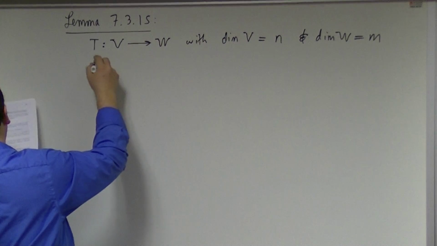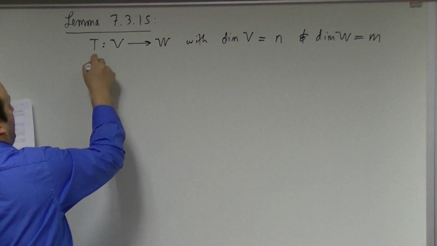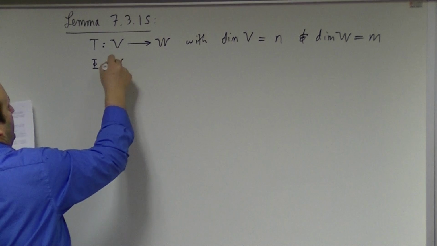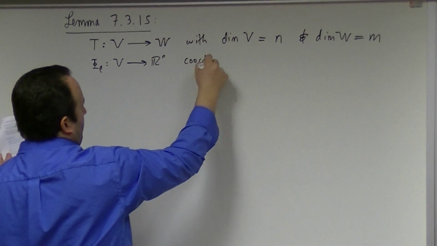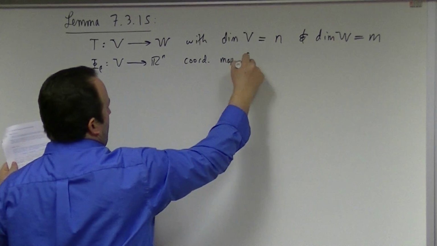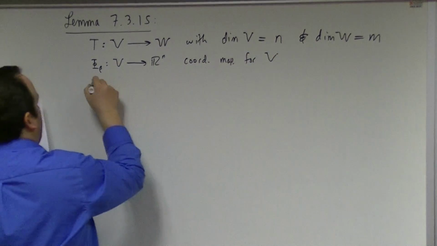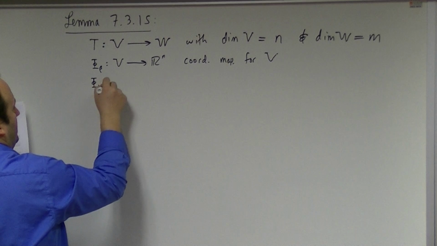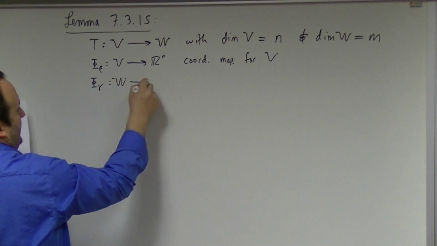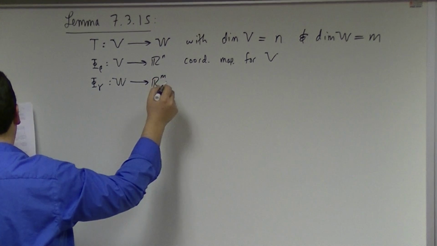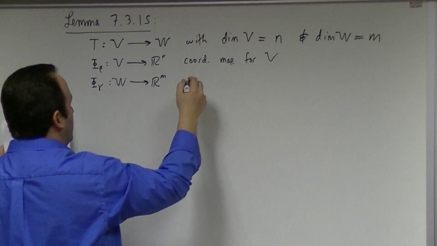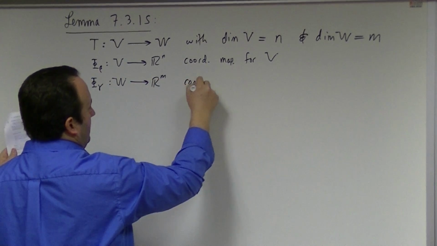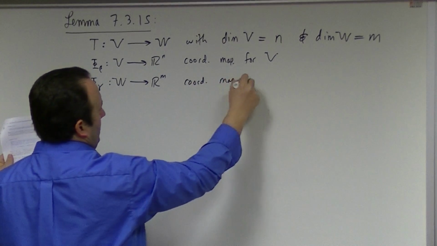And then we let phi beta be the coordinate mapping for V, from V to Rn, and take phi gamma from W to Rm as the coordinate mapping for W.